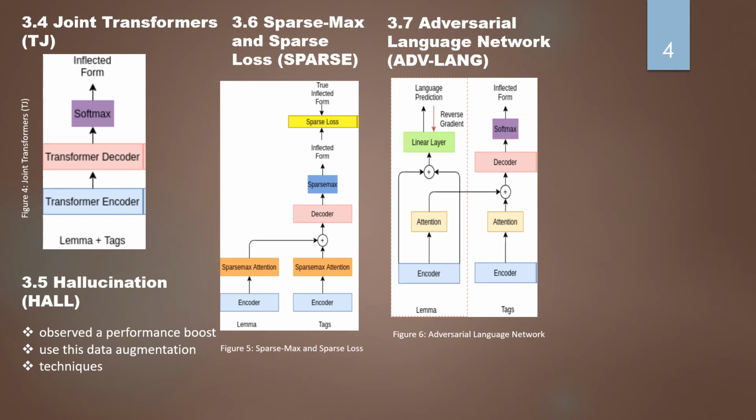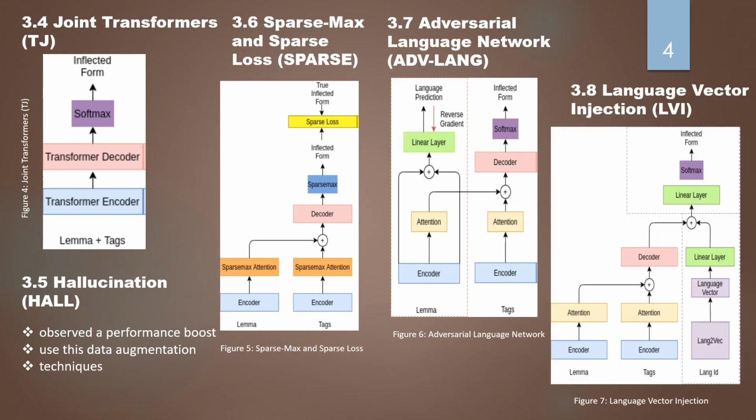Then subsection 7, in the figure. They extract the representations generated at the first time step and the last time step by the lemma encoder and concatenate this representation. This representation is then passed through a linear layer and a softmax layer, which produce a prediction for the languages. Then they reverse the gradient while training.